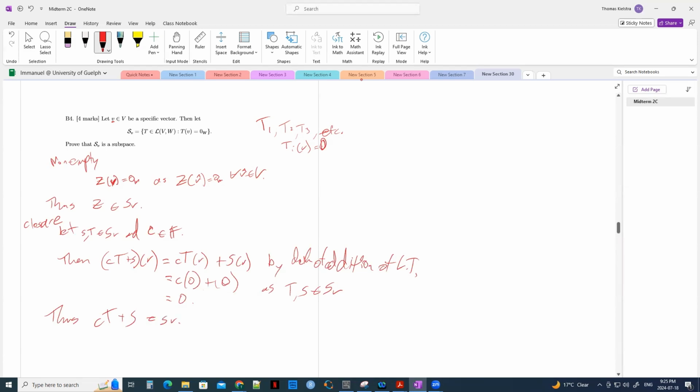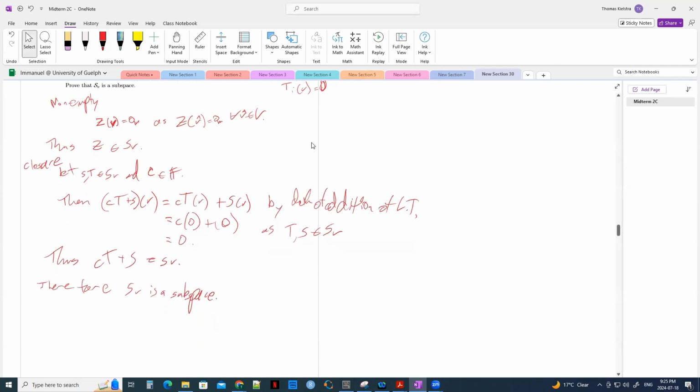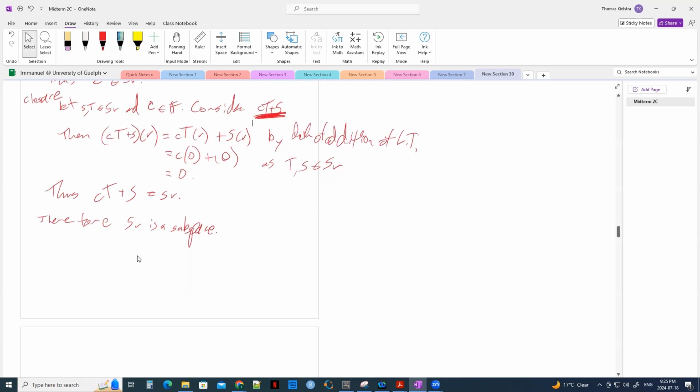It's an element of this set. Therefore, S_v is a subspace. We've proven it's non-empty, we've proven closure. The key here is we want to consider cT + S. We're considering this new linear transformation. Our combination of vectors is that linear transformation.